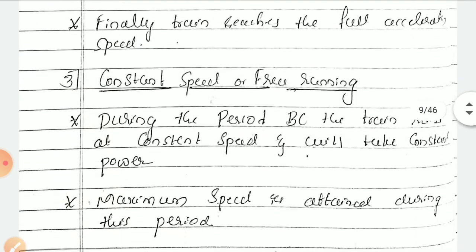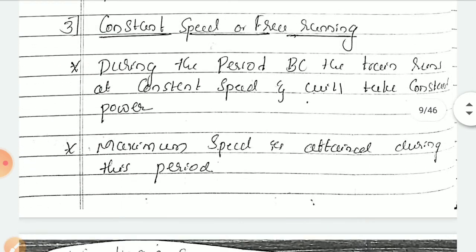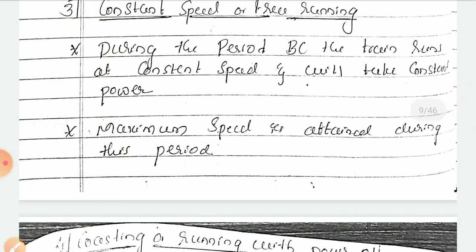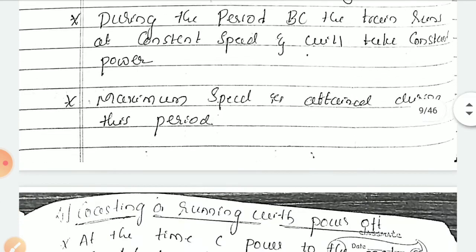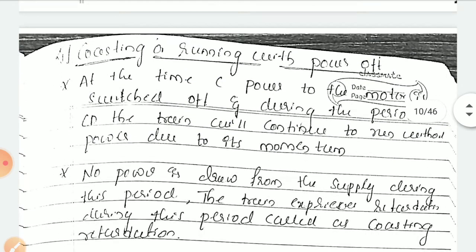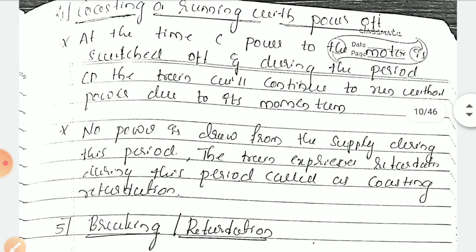During B to C, the train runs at constant speed and takes constant power. The maximum speed is attained during this period, which is called the constant speed or free running period. Then coasting, or running with the power off. At point C, the power to the motor is switched off.